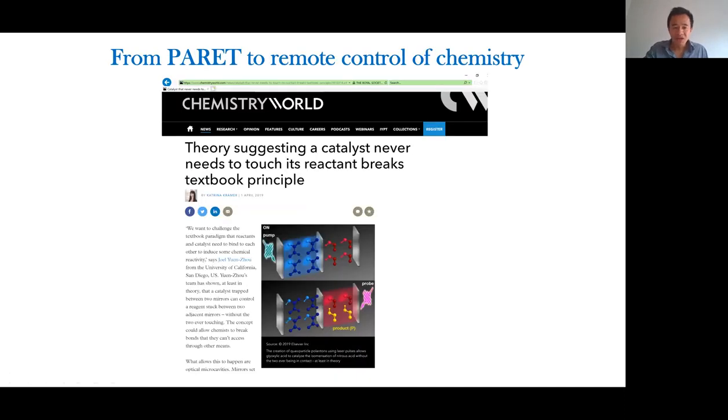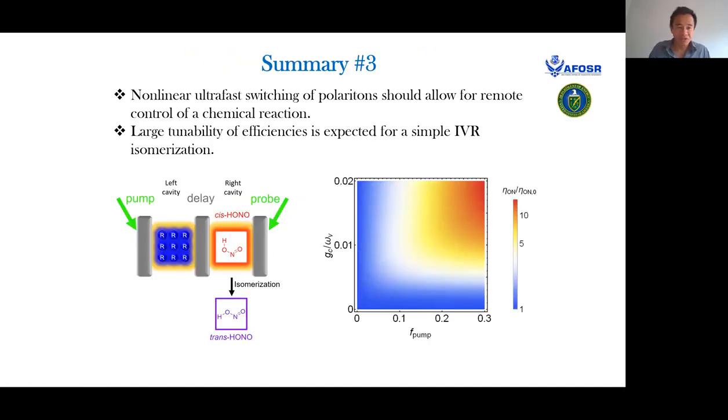Okay, so this is what we wanted to show, that you can use this nonlinear optical switching of the polaritons, which I'm sure you guys have also thought about similar things, but we wanted to really exploit this advantage of the remoteness, of the possibility of communicating molecules, to do something interesting like remote chemical reaction.